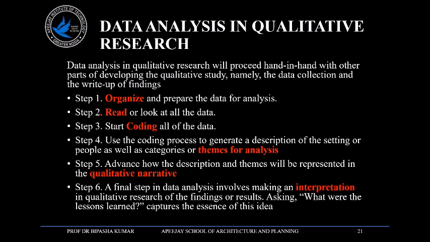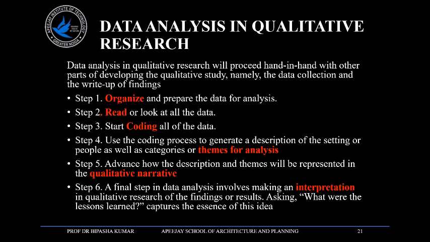What are the different steps for it? Step 1 is to organize and prepare the data for analysis. Whatever answers you got through your different sets of questions, you need to organize all of them before going for the data analysis. Second step is to read or look at all the data.